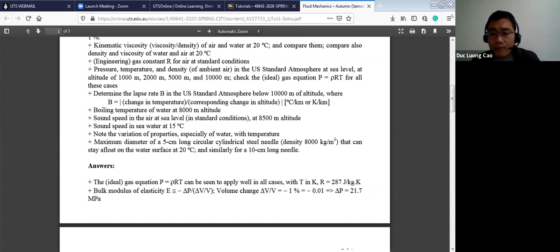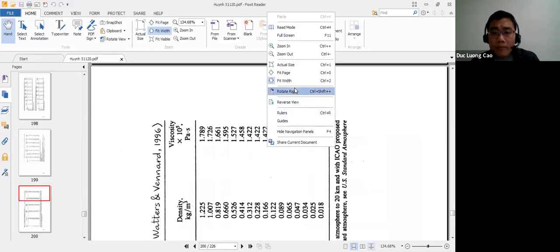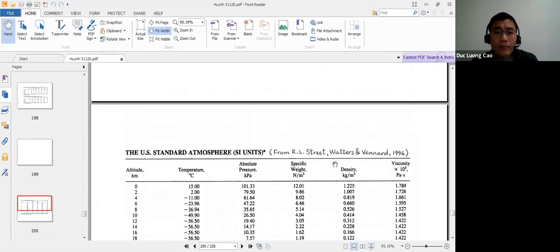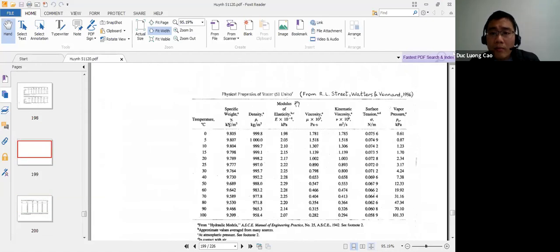The bulk modulus of elasticity, you have from the table. Yeah, the modulus of elasticity. Remember that E times 10 to the minus 6 equals this value. For example, at 5 Celsius, E times 10 to the minus 6 equals 2.05.